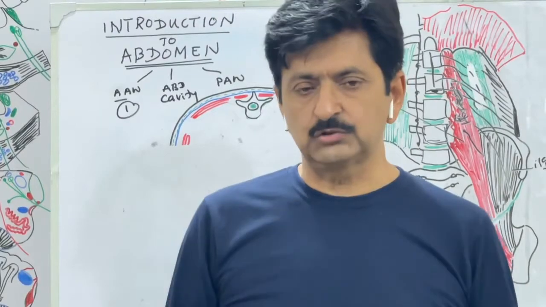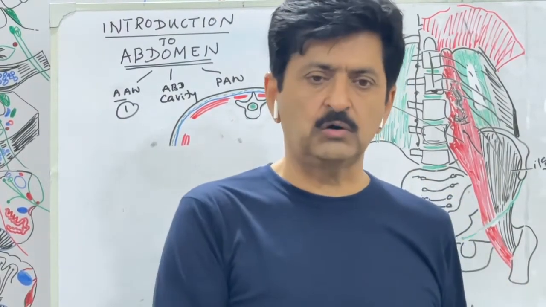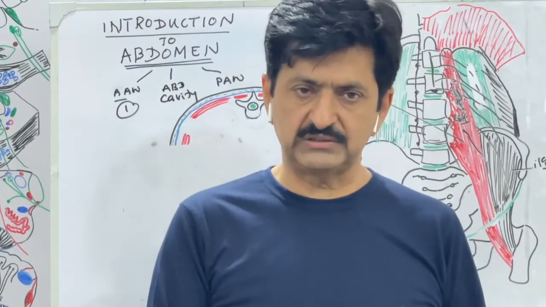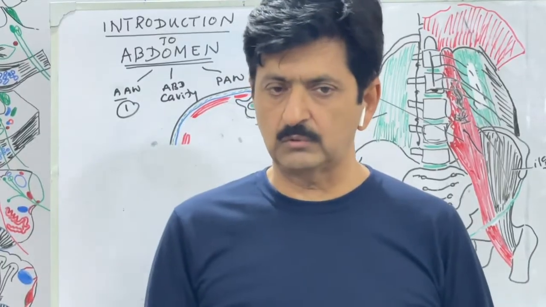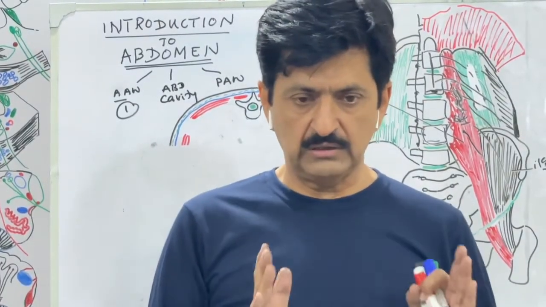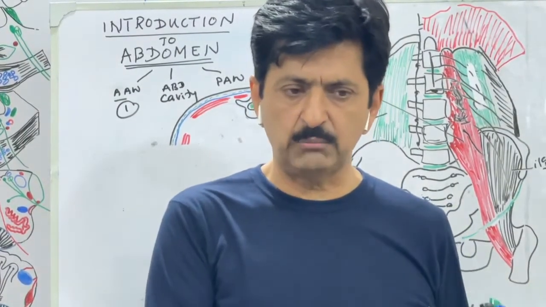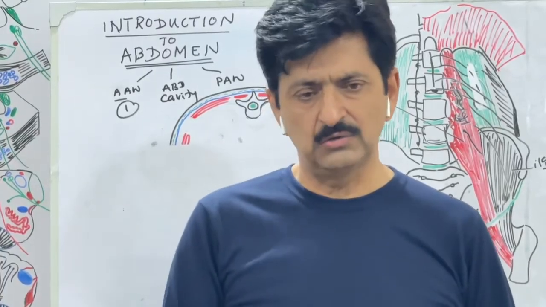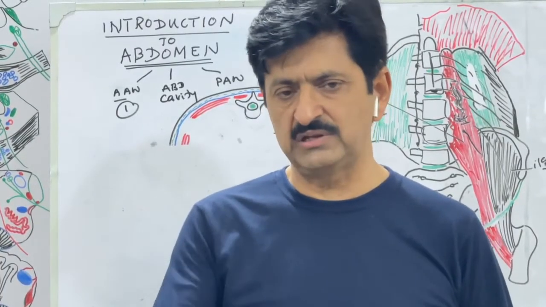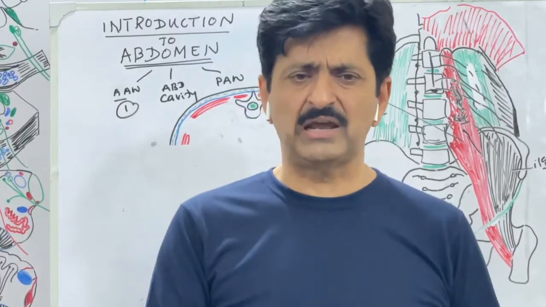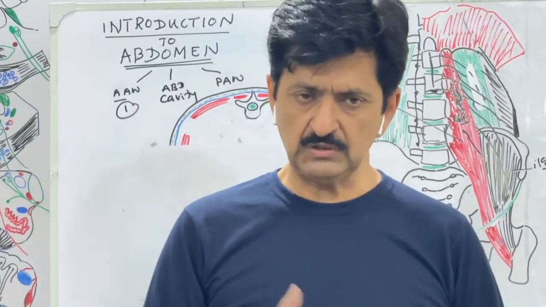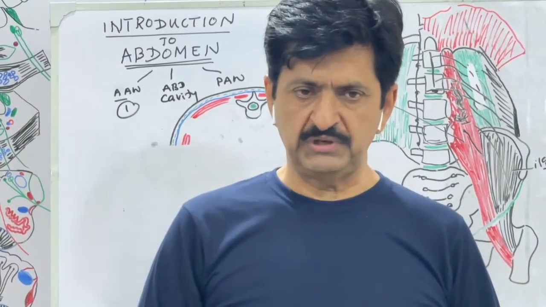And all these structures you will see, not only the anatomy, but their clinical correlates also. And then if you have these basics in your grip, the clinical scenario will be very, very easy to understand in any type of exam. This was the introduction to the abdomen.